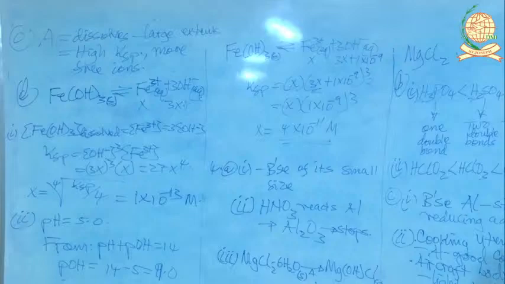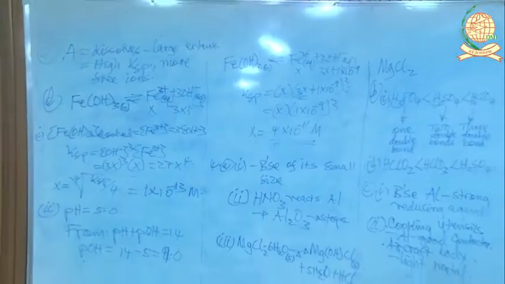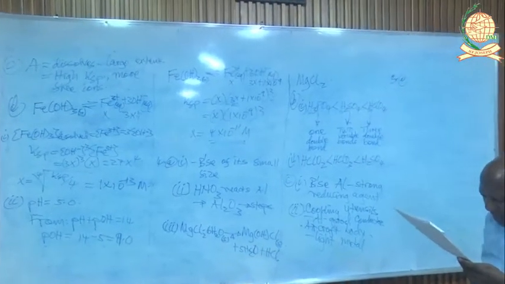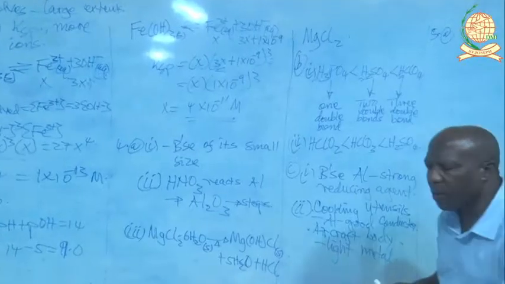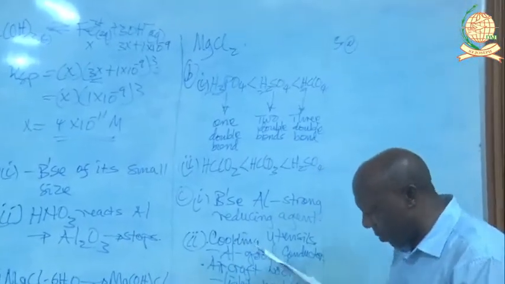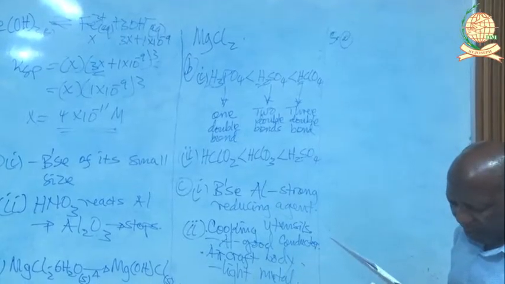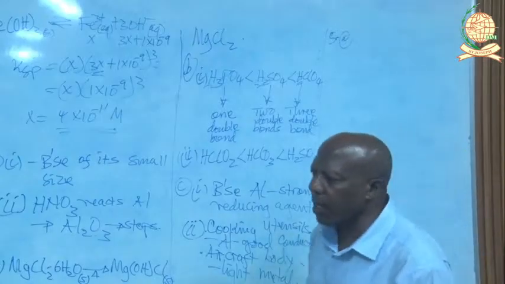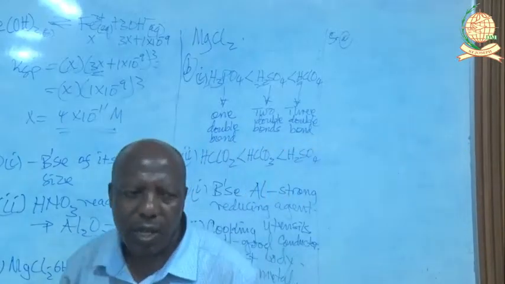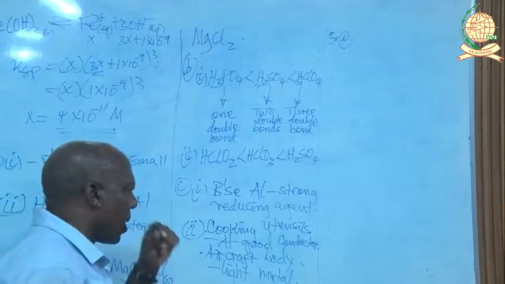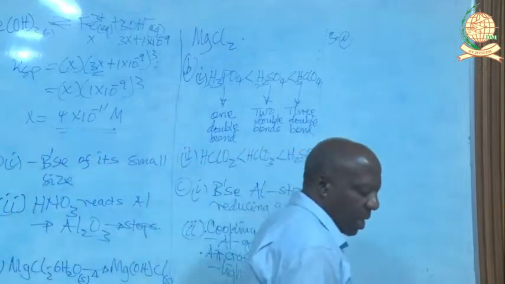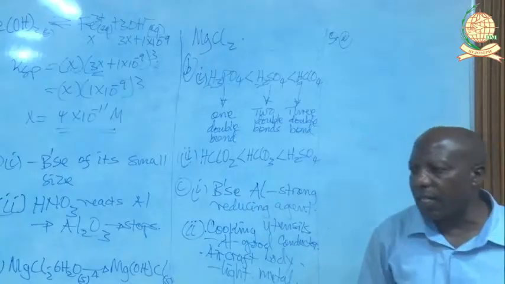Question number 5A. Explain how the following features affect the ability of transition elements to form complexes. Normally, complexes are formed between transition elements and other chemical species, which are essentially known as ligands.